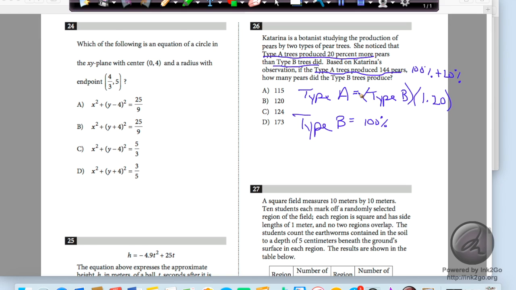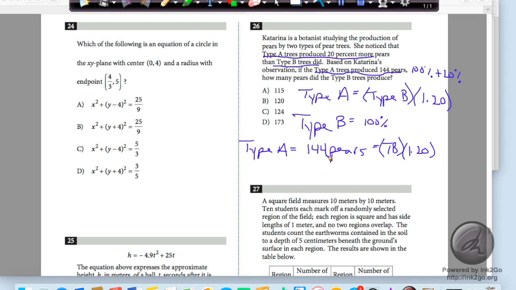So type A equals type B times 120%. Right? Now we also know that type A is equivalent to 144 pears. So type A trees produce 144 pears. But we're aware that type A also equals, let's just say TB, so type B, and 120%.